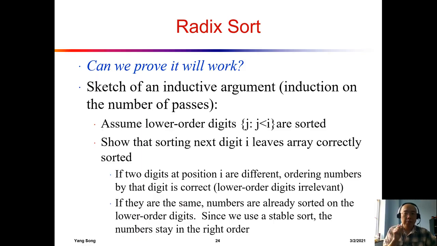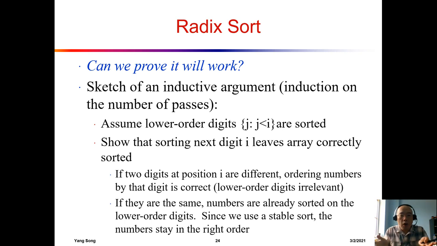Another case will be if on the position i we have two values, and those two digits are the same. Remember, we are doing a stable sorting, and stable sorting means that even though for the digit i those two values are the same, on the lower order digits whichever is smaller will come first. So in this case, we don't break anything.